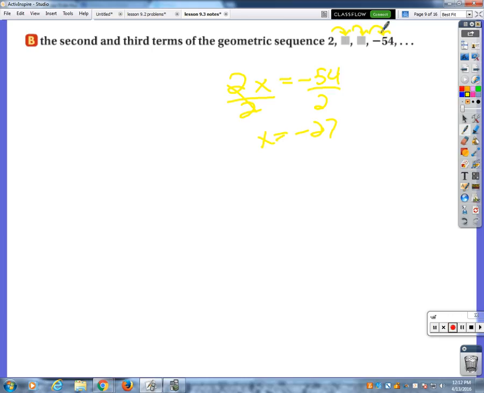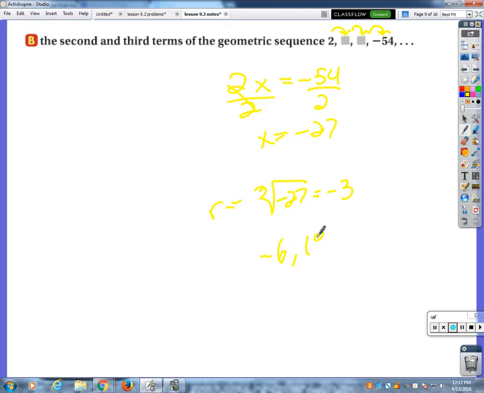What's the cube root of negative 27? Negative 3, okay? So my common ratio is negative 3. To find the missing terms, 2 times negative 3 is negative 6. Negative 6 times negative 3 is 18.